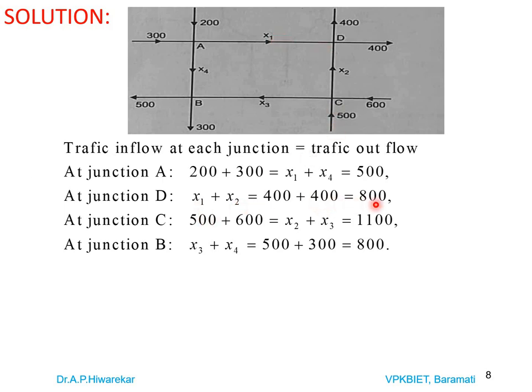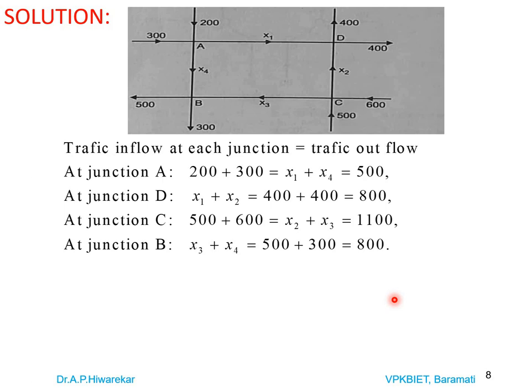So X1 plus X2 is 800. At junction C, it is 600 plus 500, which is equal to X2 plus X3. So X2 plus X3 is 1100. At junction B, 300 plus 500 is equal to X3 plus X4. So X3 plus X4 is 800.